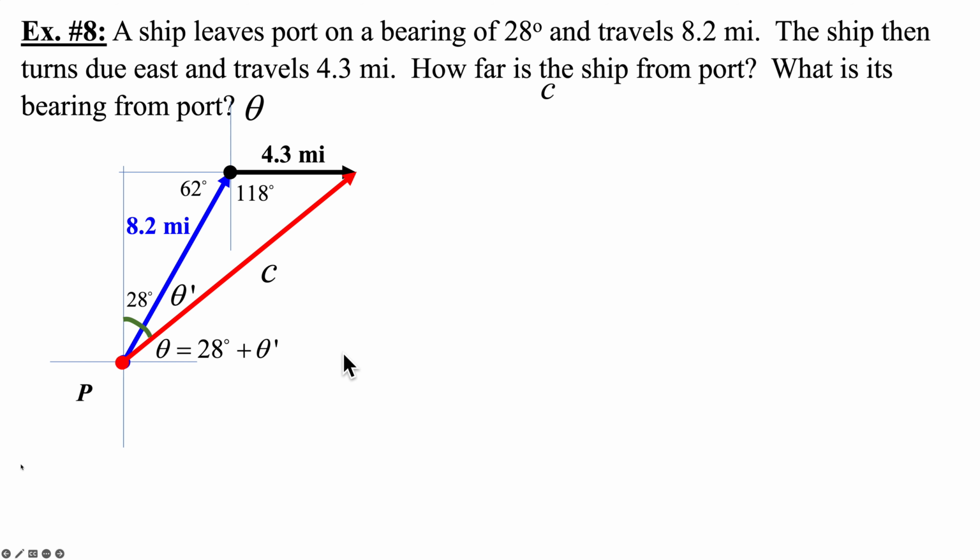So here's the plan of attack. We'll do the law of cosines to find C. And then we'll use the law of sines to find theta prime. And once we have theta prime, we can add that to 28. And then we'll have our bearing angle, and we'll have our distance the ship is away from port.